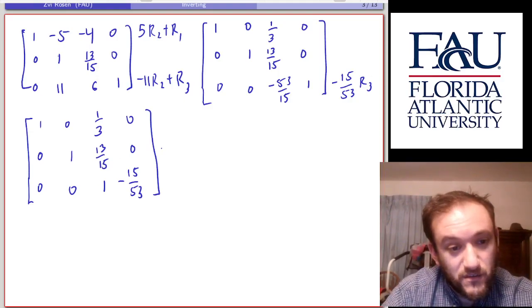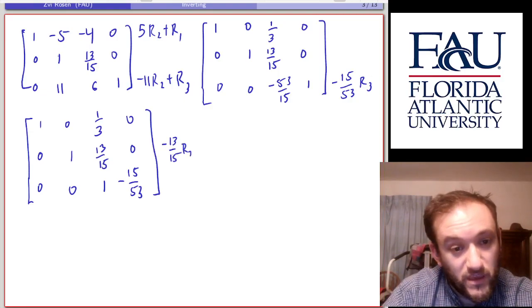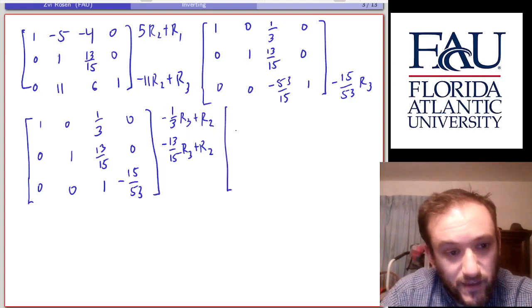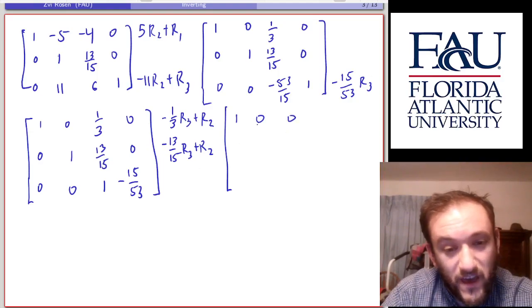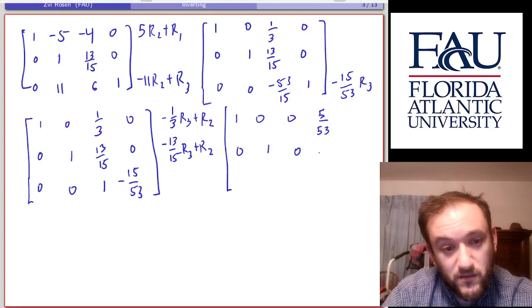So we get minus 13 over 15 row 3 plus row 2, and minus 1/3 row 3 plus row 1, which gives us 1, 0, 0, and then 5 over 53; 0, 1, 0, 13 over 53; 0, 0, 1, minus 15 over 53.